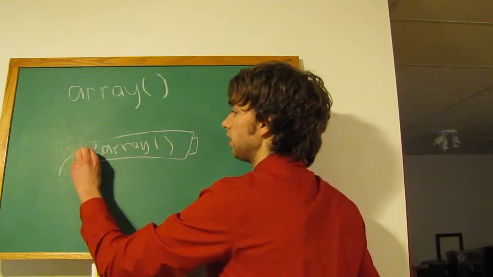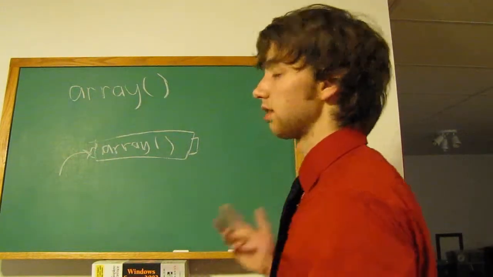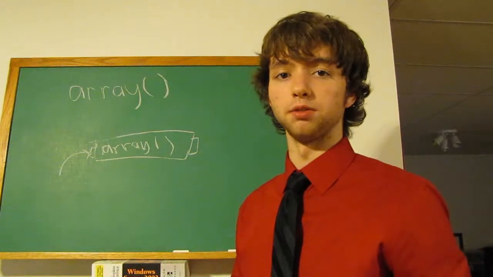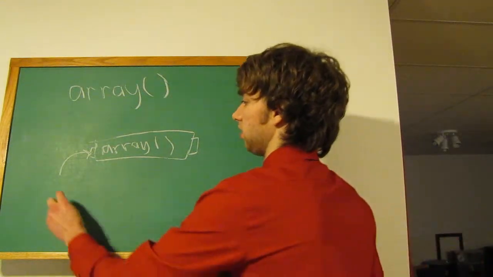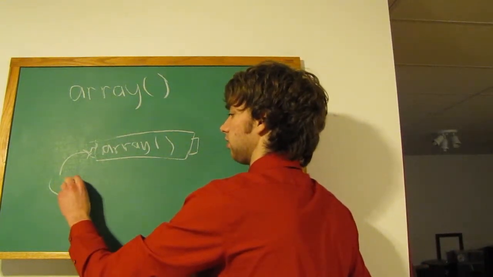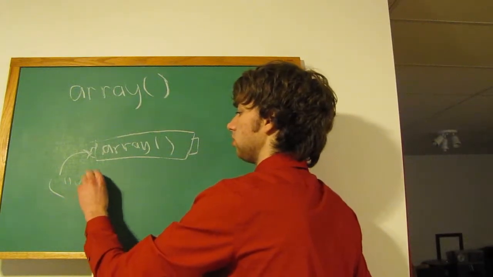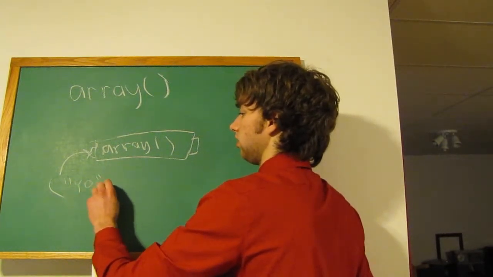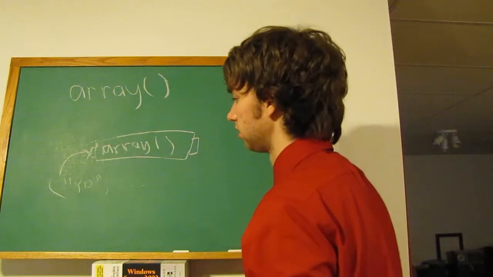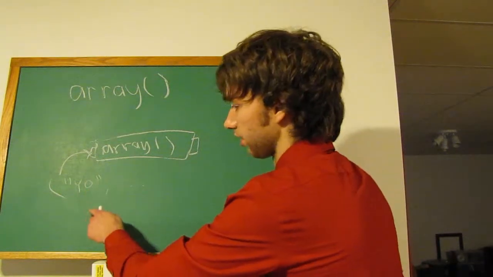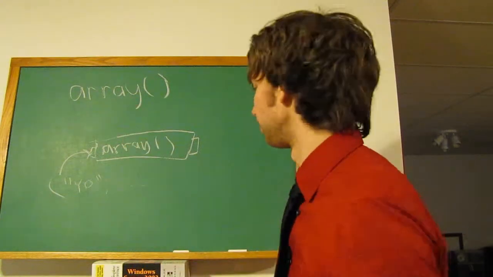So what we put in here is a list of values separated by commas. So we could have yo, and so forth. I can't think of any. Whoa, a piece of chalk was rolling down. Oh, anyways.